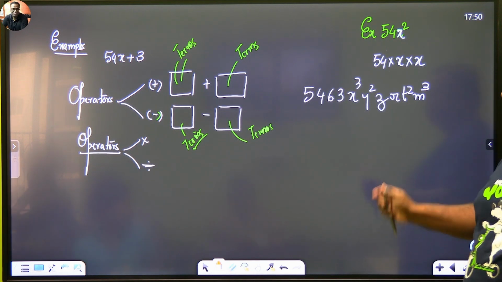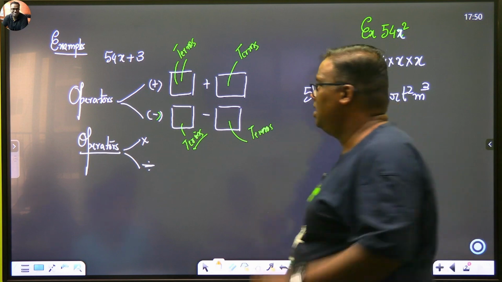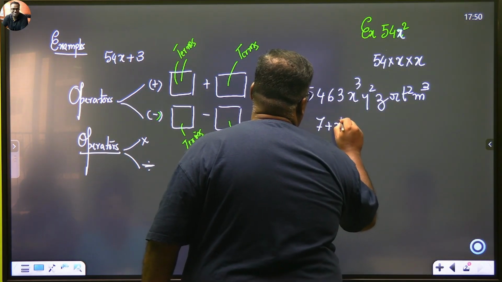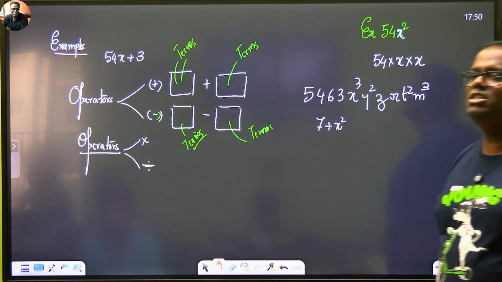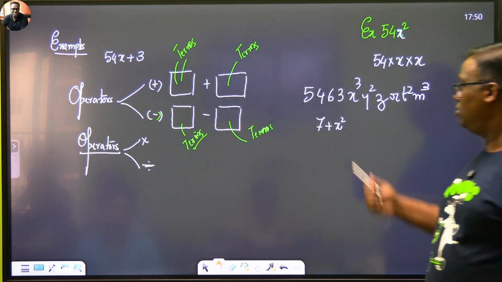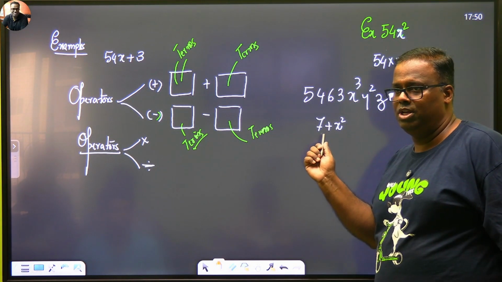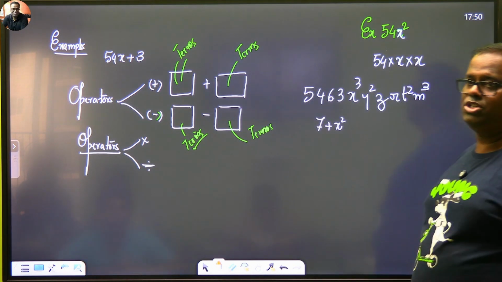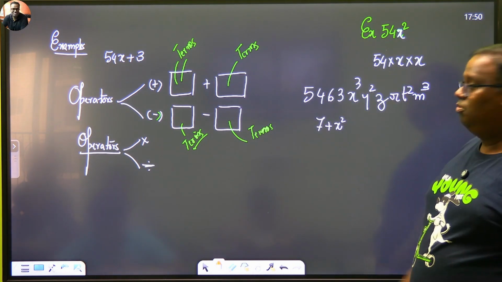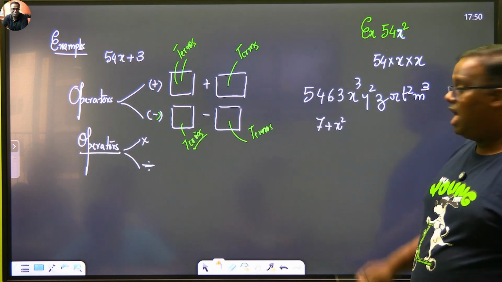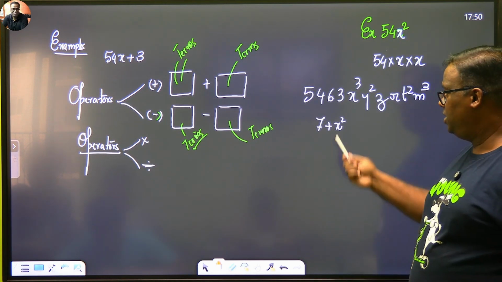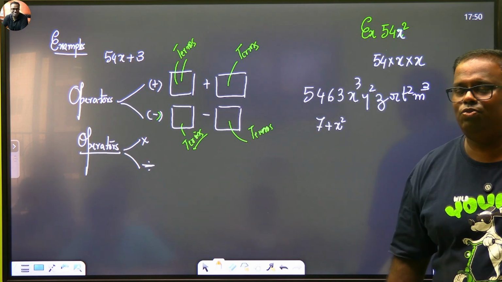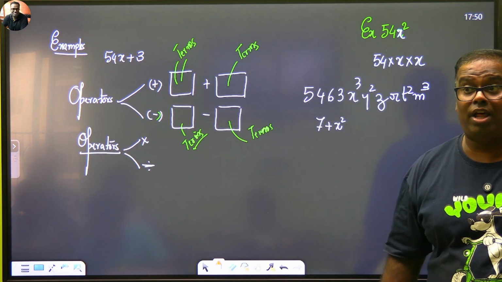It's only one term. Whereas, just see, a very small thing like say 7 plus x squared. Now this is in two terms, just because you got an operator in between. Now what do you see out here? I see this as an algebraic expression in two terms with x as the variable, having a power 2, operator is positive, and the constant is 7, and the coefficient of x square is 1.